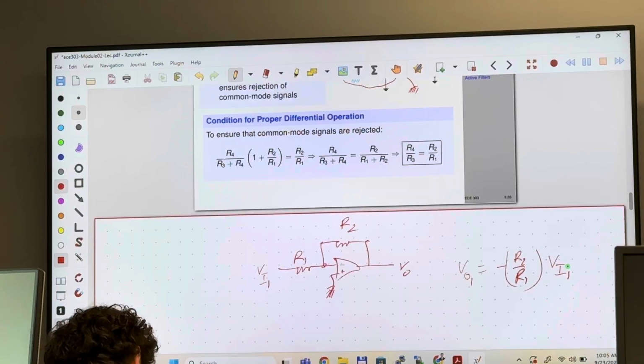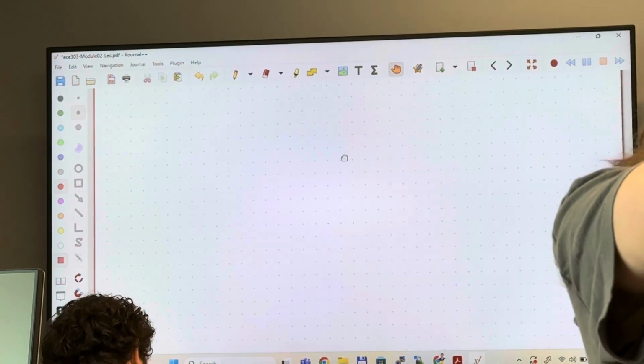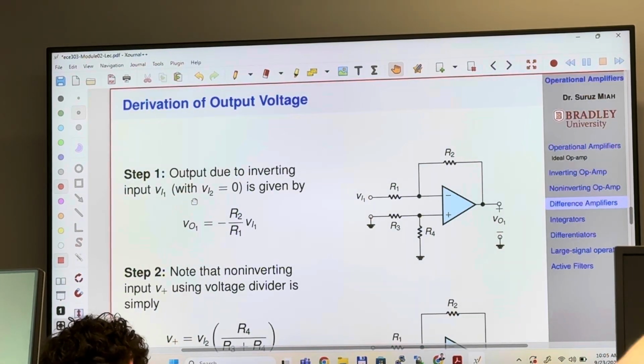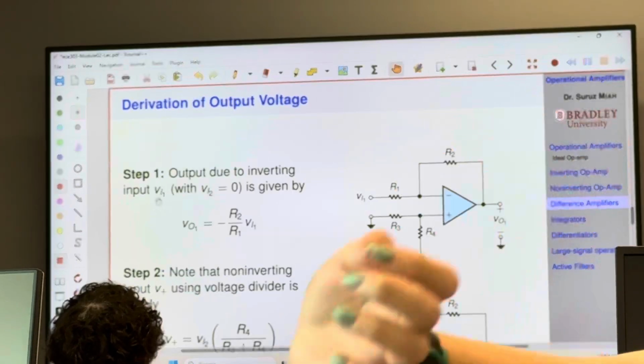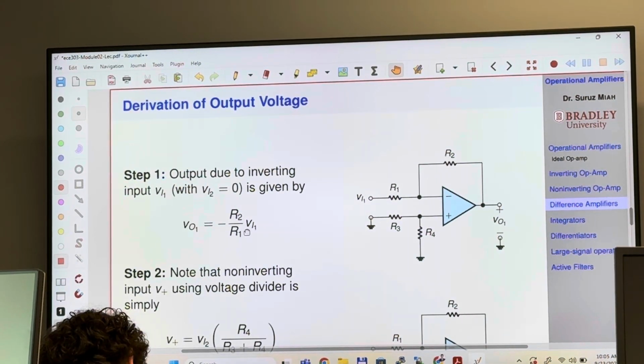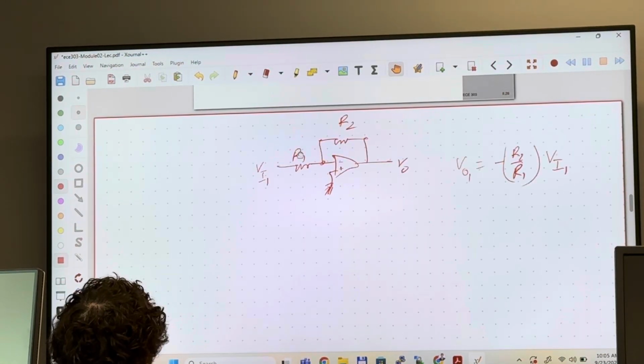If you write it down, I also have this in my slide. So here, the output due to inverting input Vi1 with Vi2 equals 0 is given as such. But make sure in the scribing you include these. So I simplified the circuit.